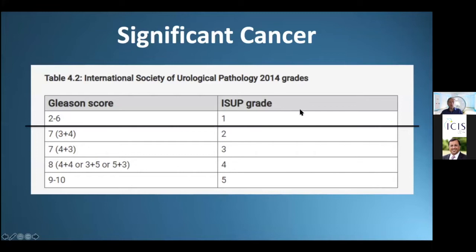Usually, urologists consider a Gleason score 3+3, that is ISUP grade 1, as non-significant. And if there is a 4 component or higher, then it is a significant tumor. So ISUP grade 2 or higher is considered to be a significant cancer.